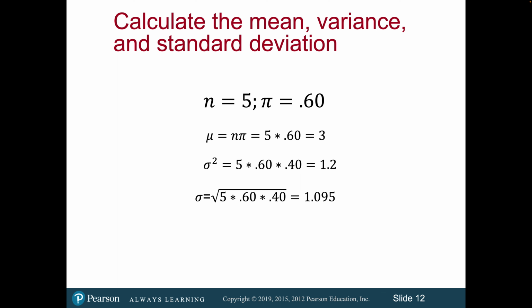So the variance would be equal to 1.2. If I take the square root of 1.2, then I get 1.095. So again, the mean, variance, and standard deviation are easy to find.